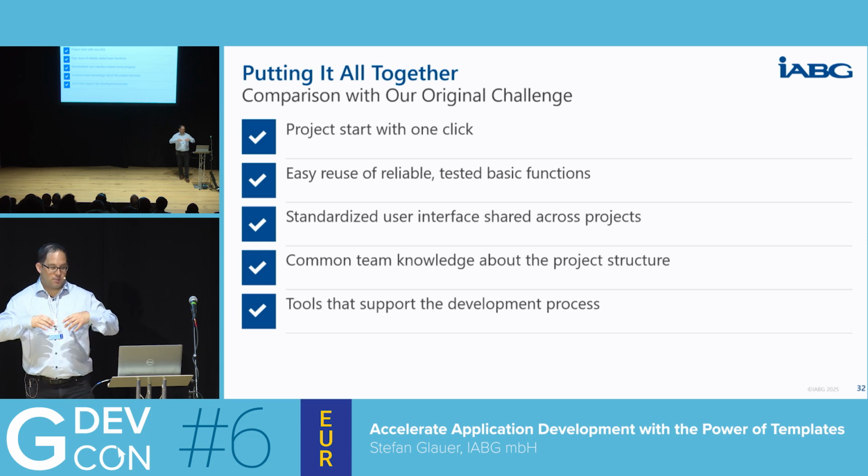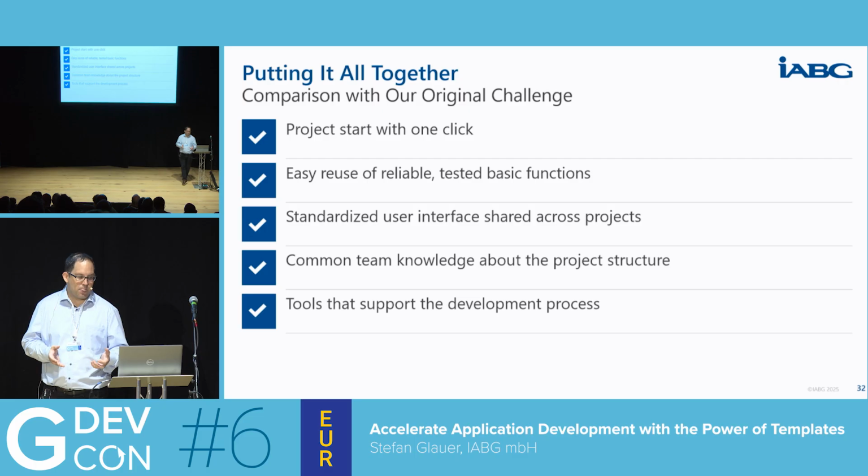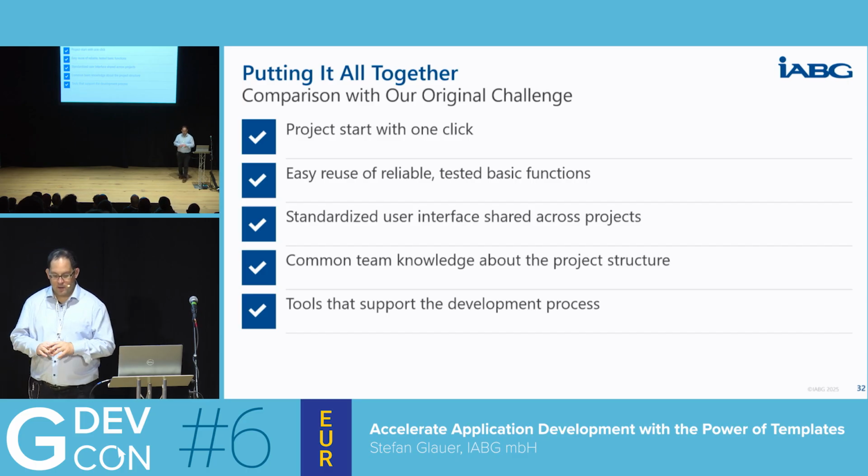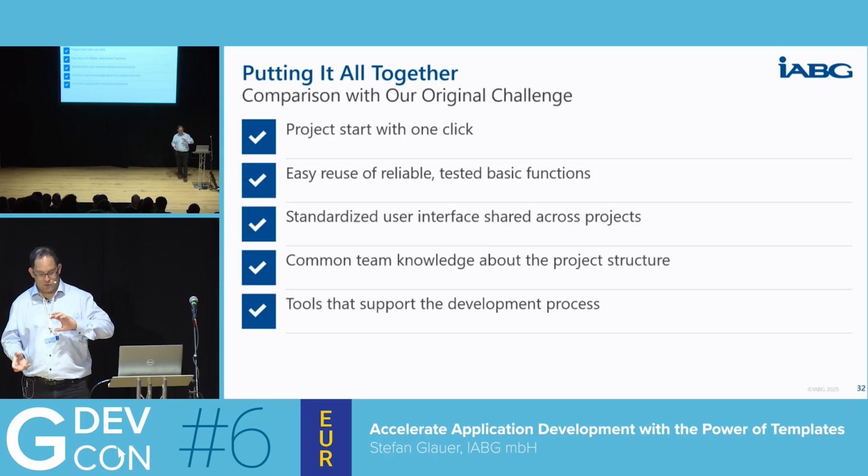The functions are battle-proofed because they're used all the time. The user interface is much more consistent, and it's easy to create new user interfaces. One important thing is the team knows the structure of the projects because it's all the time the same, so it's now easy to switch persons between projects.